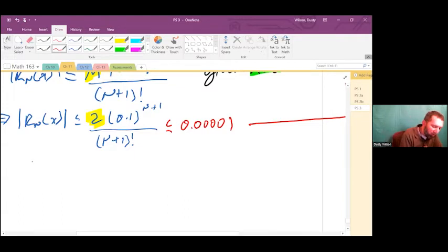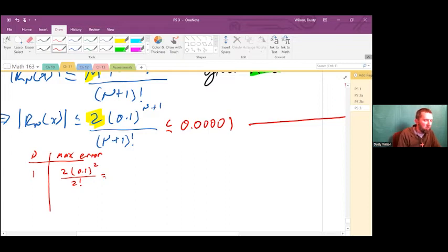If I let n equal 1, then our max error is 2 times 0.1 to the 1 plus 1, or 2, over 2 factorial, which is 2 over 2, so that would be 0.01.